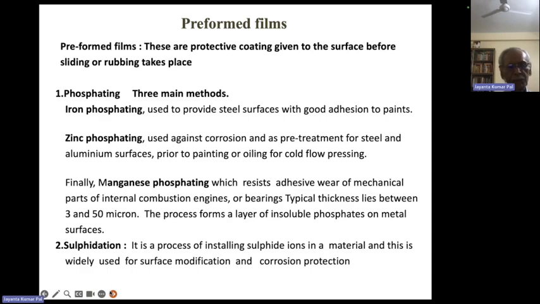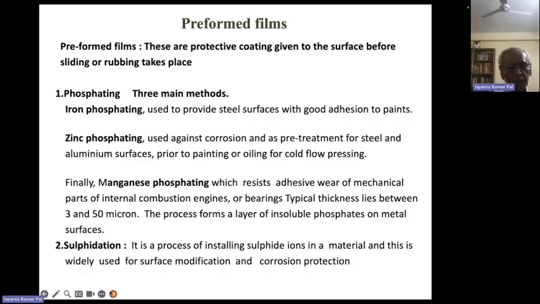It is a very well-known phosphating process, and typical thickness lies between 3 to 50 micron. This is not a very small or very thin layer, so it is supposed to give good protection. The process forms a layer of insoluble phosphates on the material surface. Now, sulfidation.